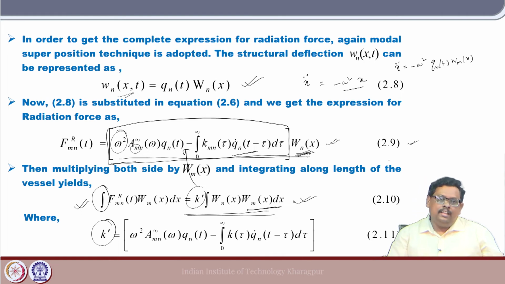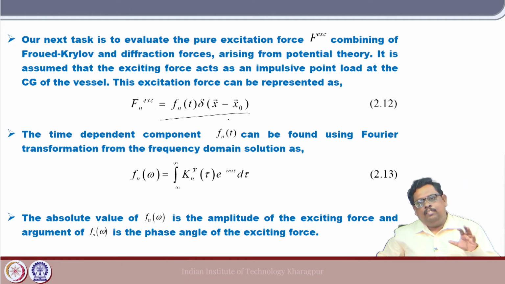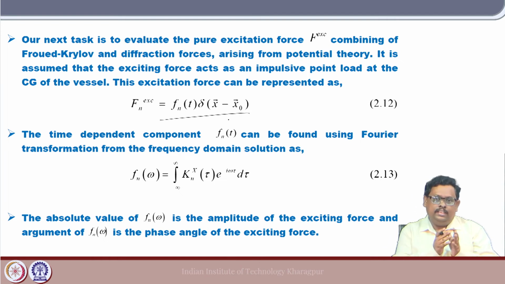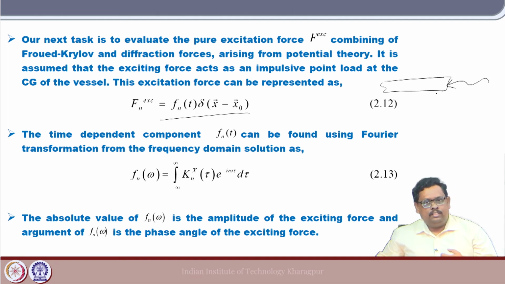Now, this idea is a little bit complicated when you calculate the same thing for the exciting force. If you remember the expression for the exciting force, or what physical phenomenon we are going to replicate, you see that when you do the exciting force, you take the ship as it is, hit it with waves, and then try to figure out what the force is, right.